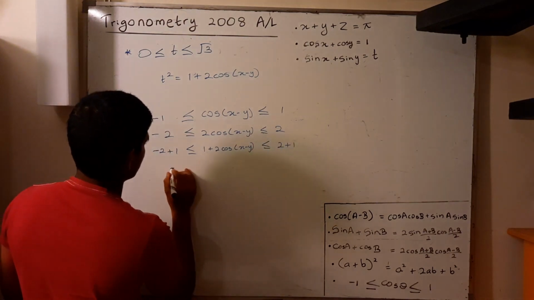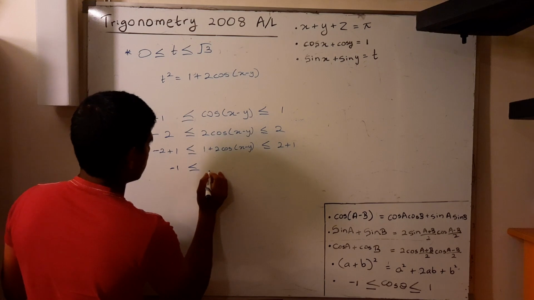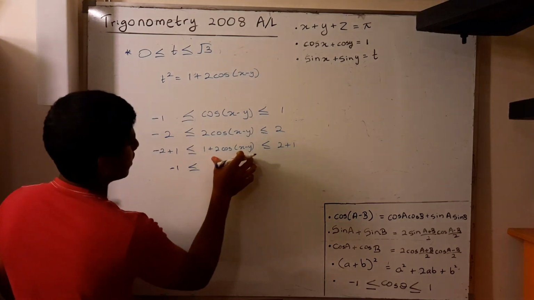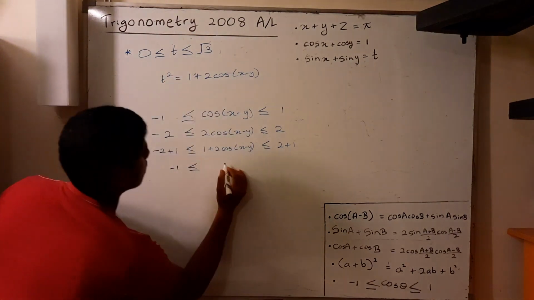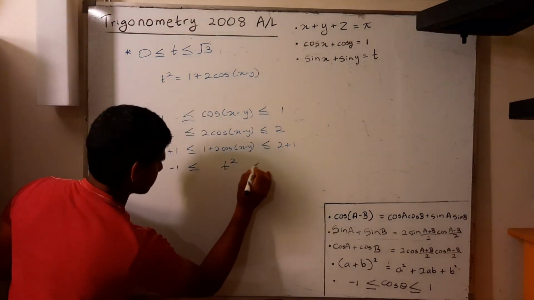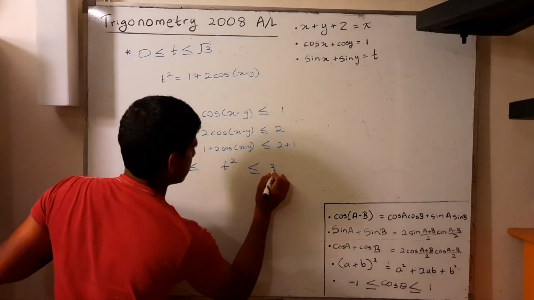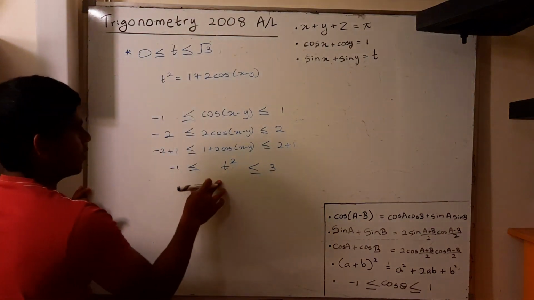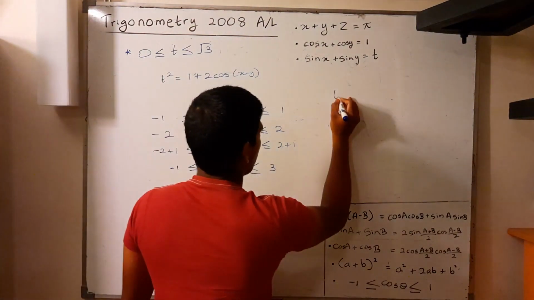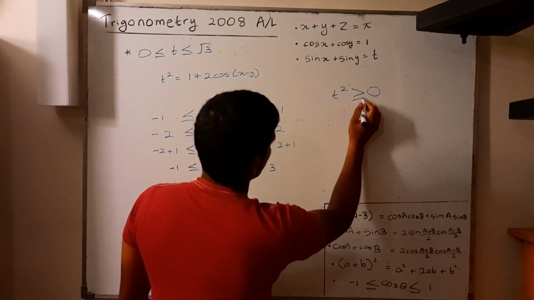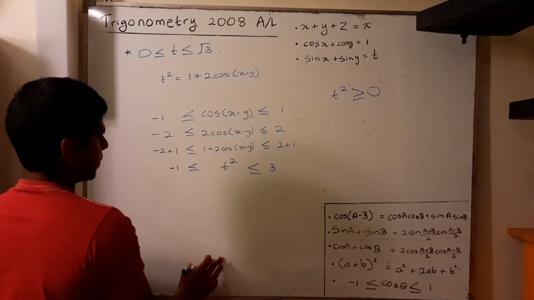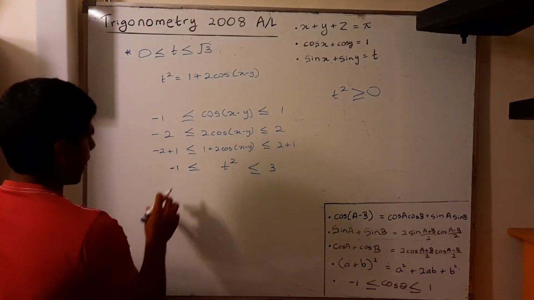Then it becomes -1 is smaller than or equal to 1 plus 2 cos(x - y), which is t squared, less than or equal to 3. So we can write t squared, and on this side it's 3. We know that any square value will always be greater than or equal to 0, so it's definitely not going to be minus 1.